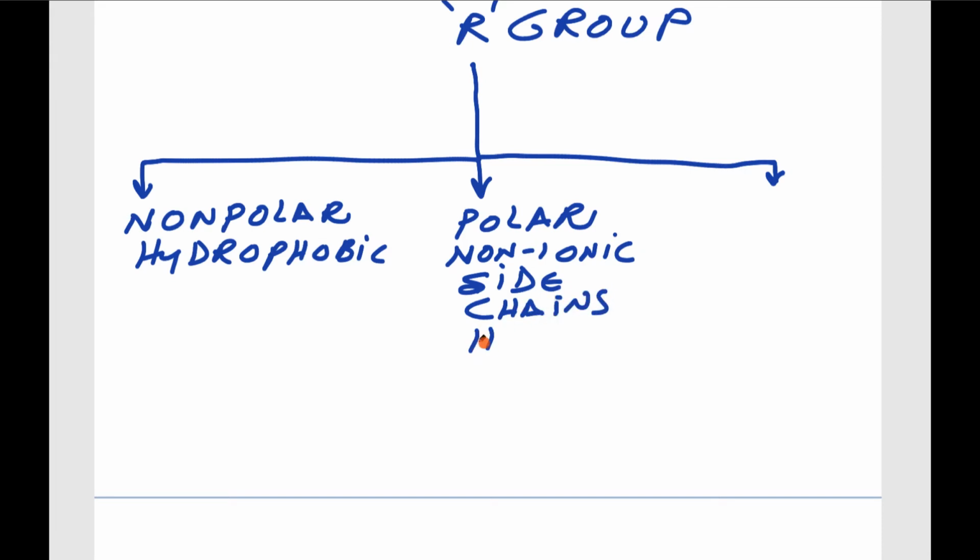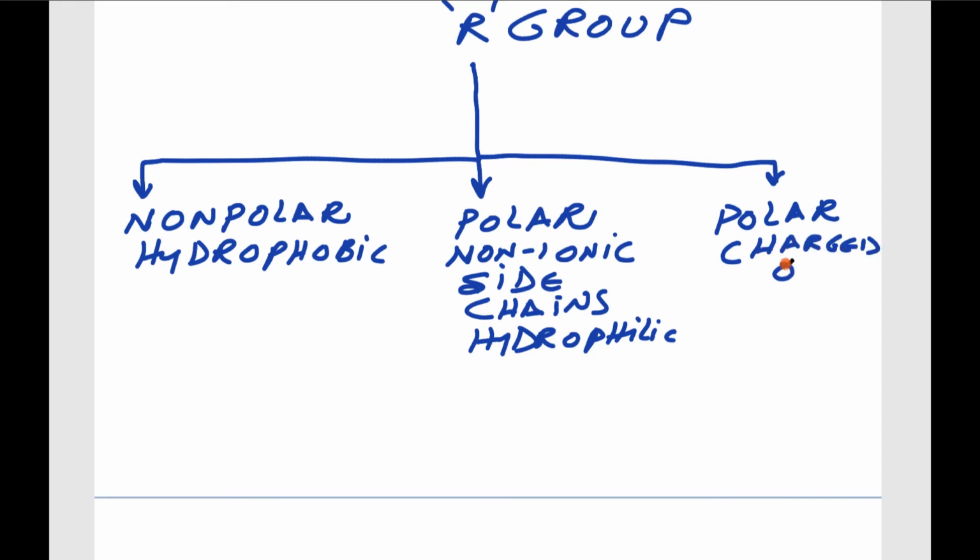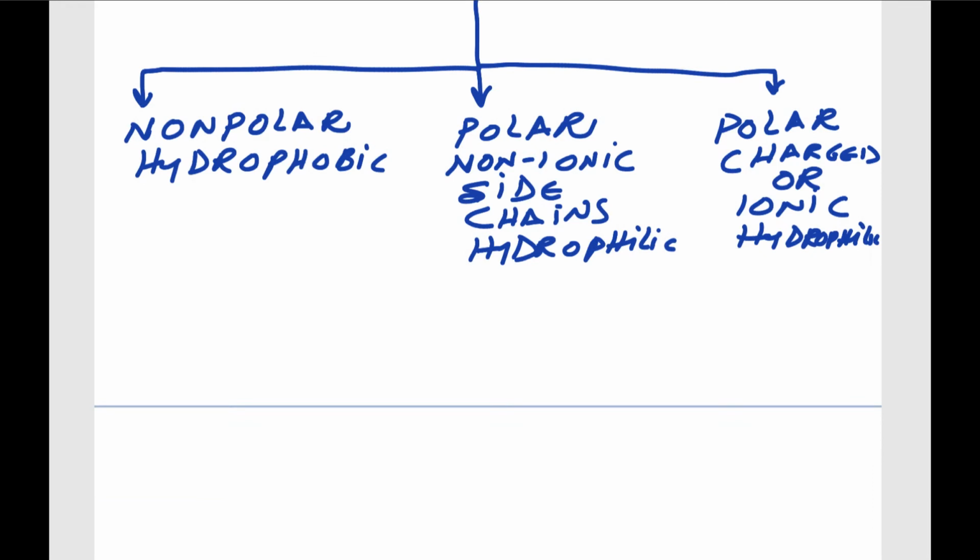So it is, we can say, hydrophilic. Then the next one is polar, again charged or ionic side chains. So it is hydrophilic. Then now we take up the non-polar amino acids.